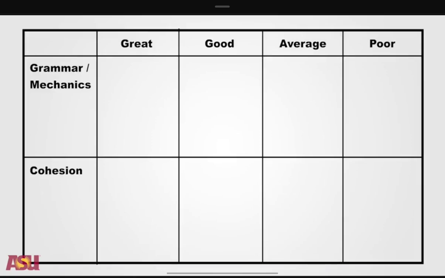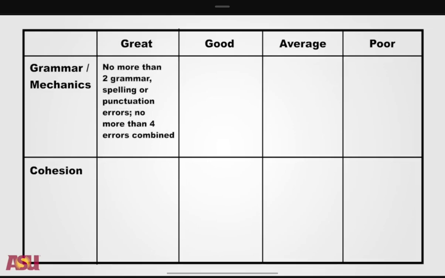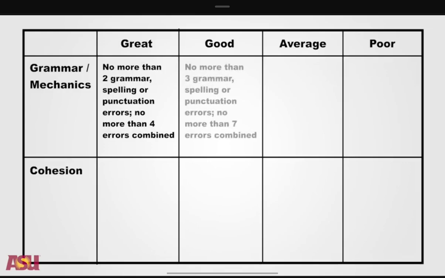For example, I might describe great mechanics in this way: no more than 2 grammar, spelling, or punctuation errors. No more than 4 errors combined. Good mechanics in this way: no more than 3 grammar, spelling, or punctuation errors. No more than 7 errors combined.